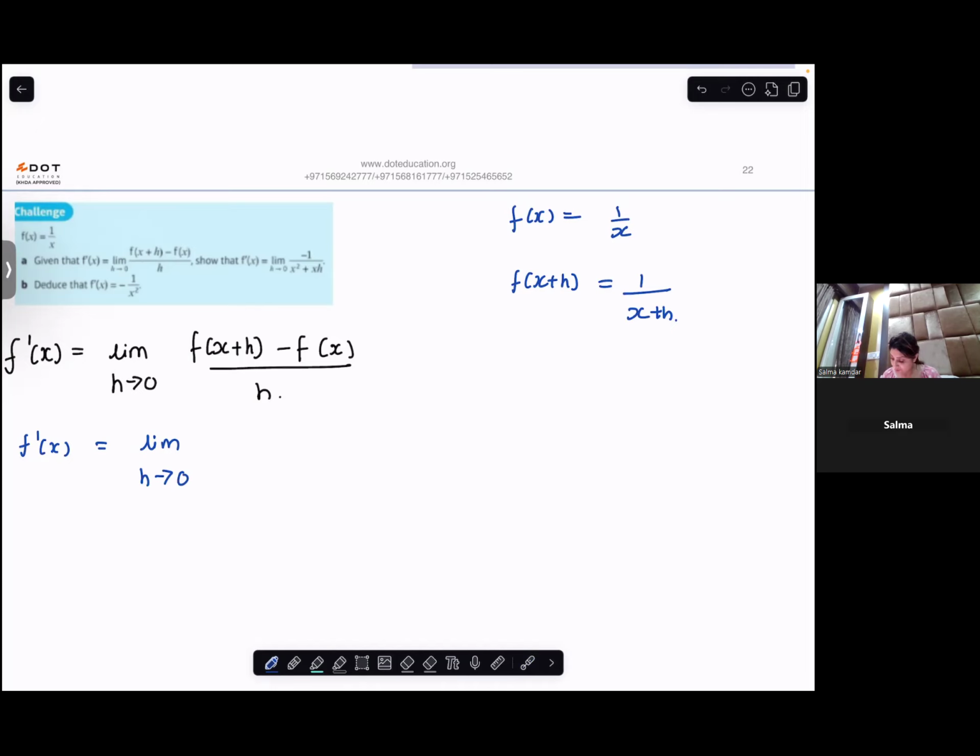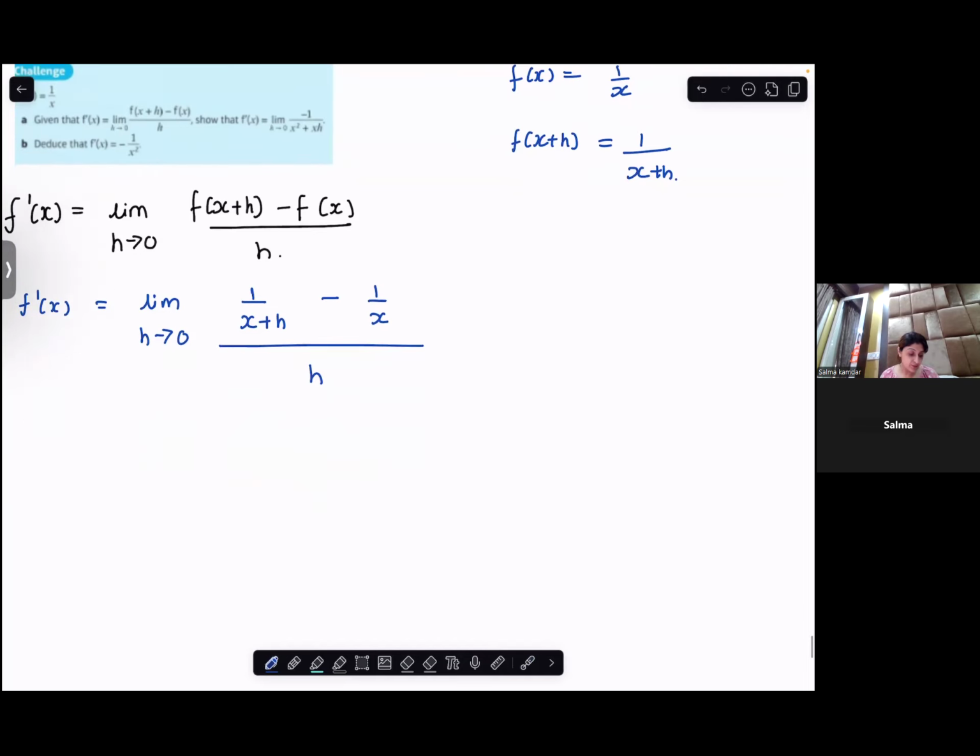In place of f of x plus h, I'm going to substitute. So I will be left with 1 over x plus h minus 1 over x, the whole divided by h.